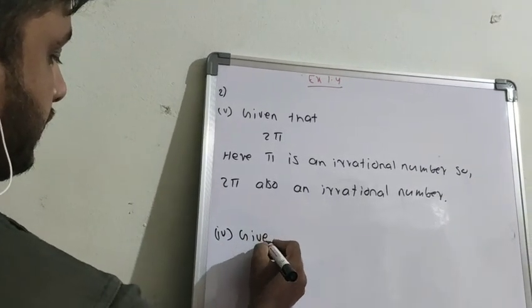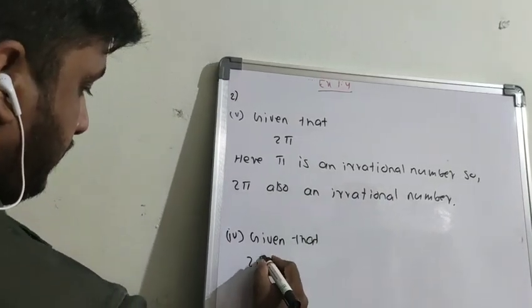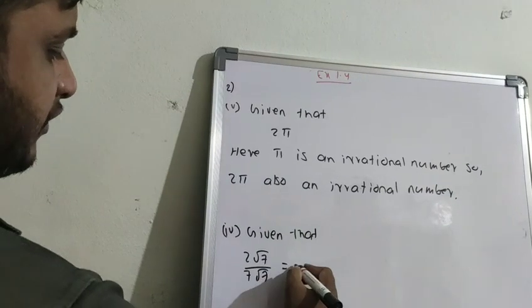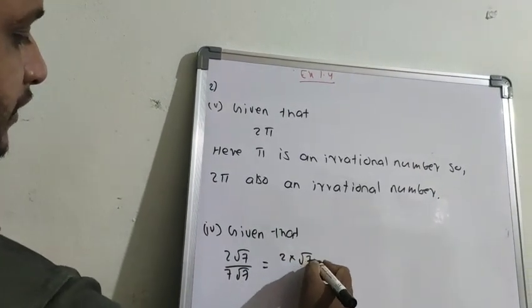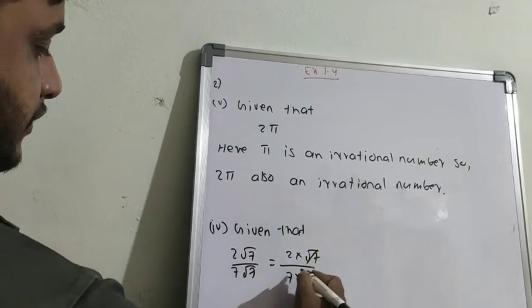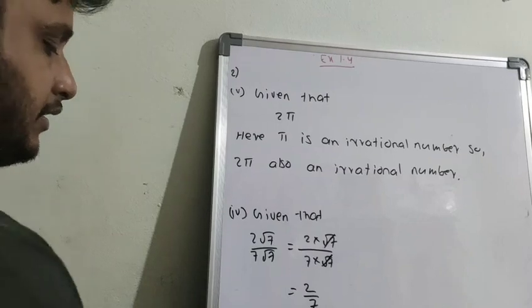The fourth bit is given: 2 root 7 by 7 root 7. 2 root 7 means 2 into root 7, and 7 root 7 means 7 into root 7. Root 7 gets cancelled, and we get 2 by 7. 2 by 7 is a rational number.